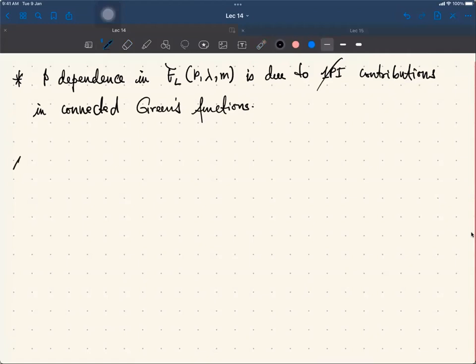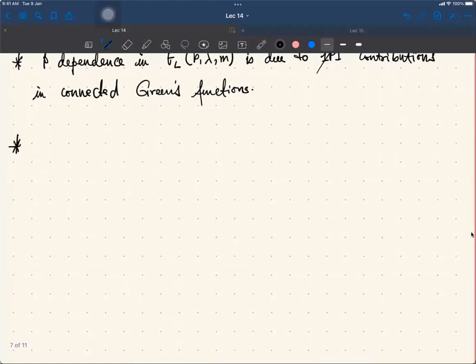Now recall, we will now simplify our consideration a little bit by going into the 1PI vertices.